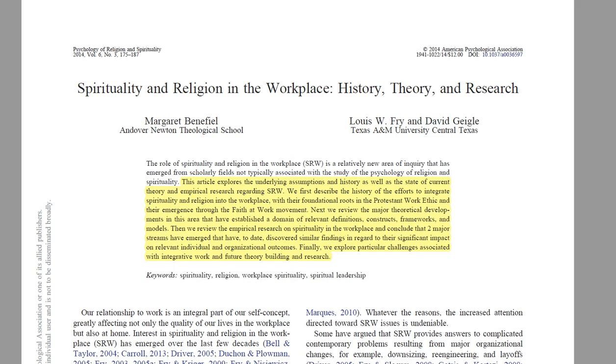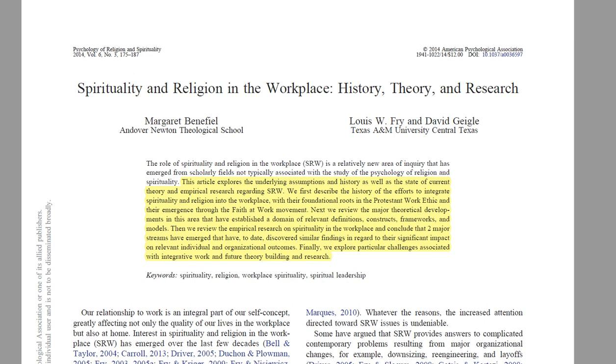So here's an example. One of the areas of psychology that I'm investigating is spirituality in the workplace. And I found this particular article to be very helpful. This is a meta-analysis. This is a review of many different studies. And what it basically did for me is allow me, at the beginning of my understanding of spirituality in the workplace, to understand, and the article is somewhat self-explanatory.